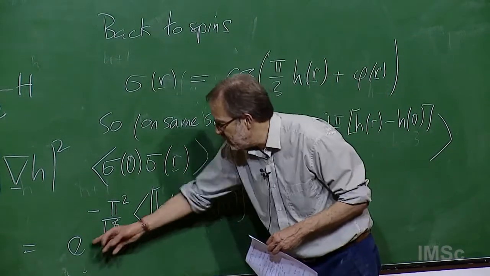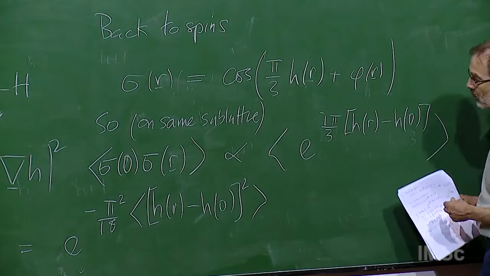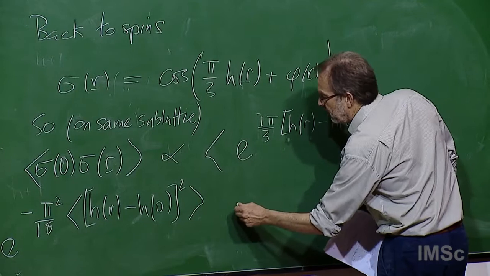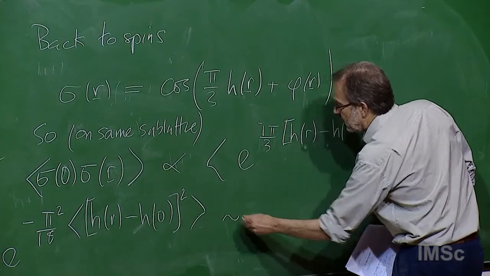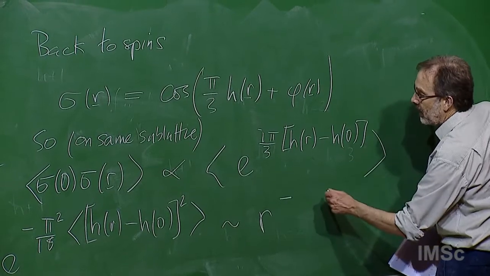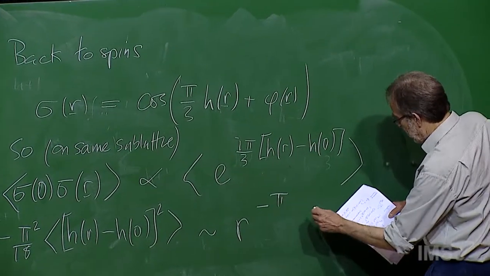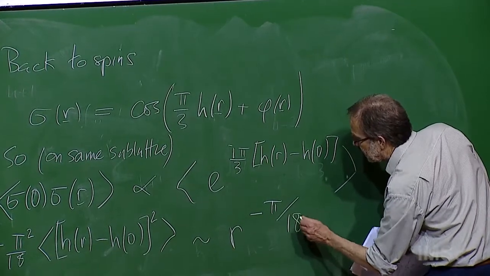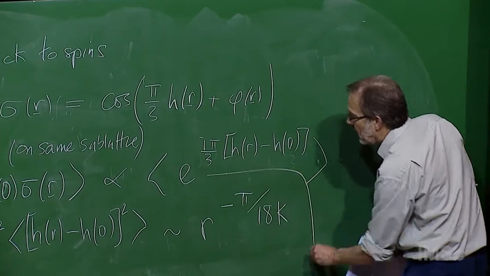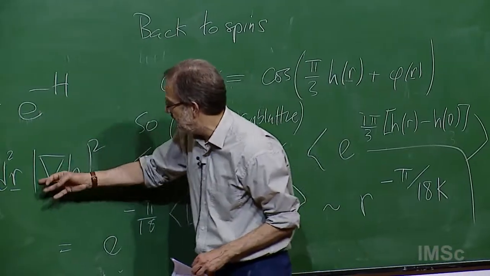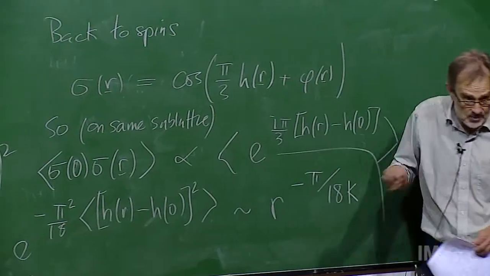And when you take it into the exponential, what you get then is a power law. So what you find is that this falls off like r to the minus pi over 18k. And so the calculation or steps that take you from here to there are reasonably simple.